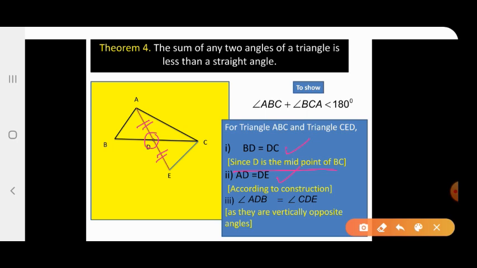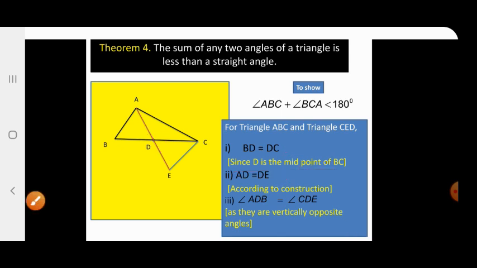Also, these two angles, that is angle ADB and angle CDE, must be equal, as they are vertically opposite angles, and we know that vertically opposite angles are always equal.